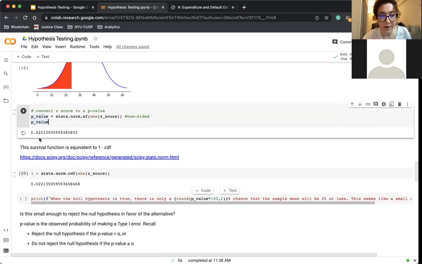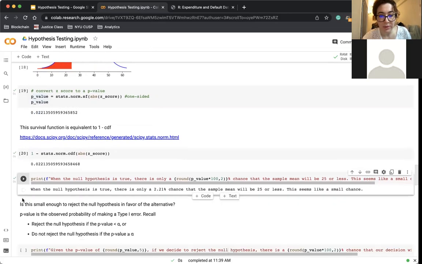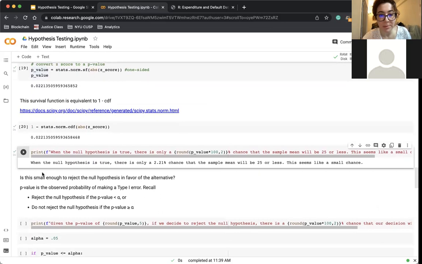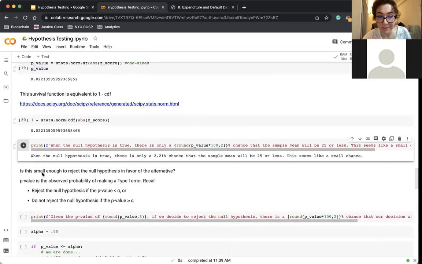And using this p-value, we can now put apples to apples and compare this to our probability of actually seeing the null hypothesis being false.